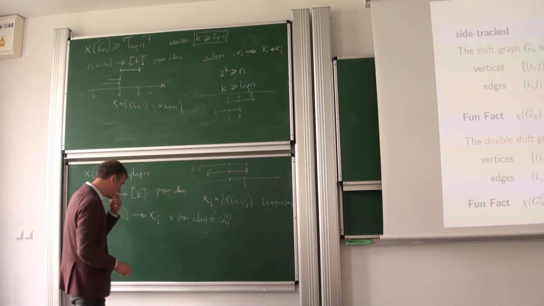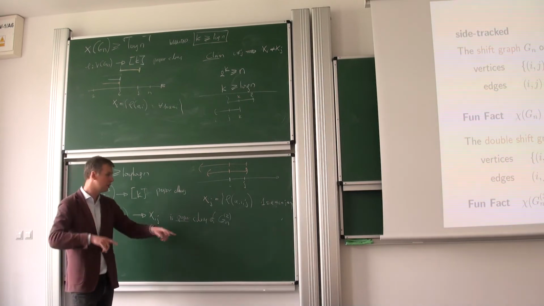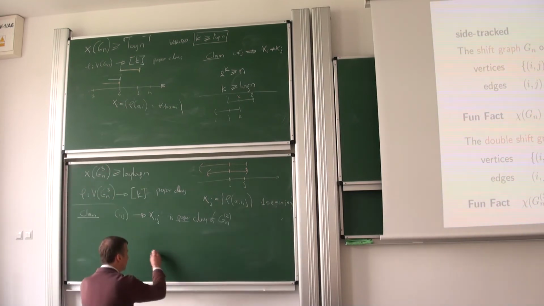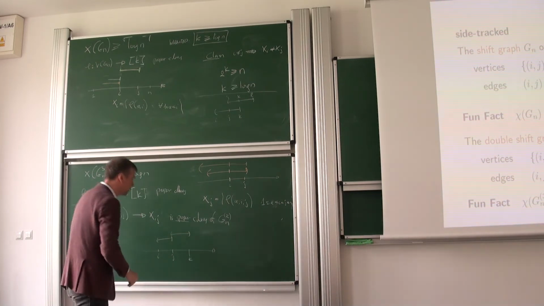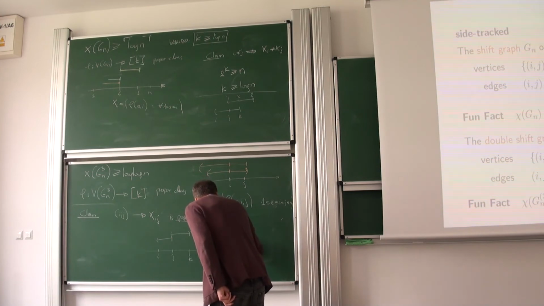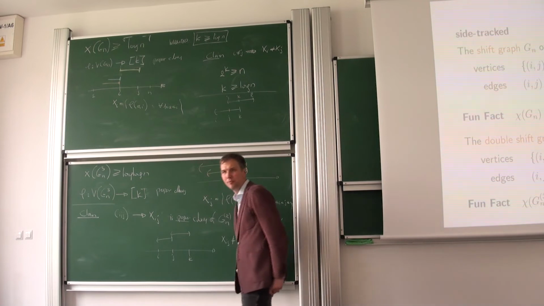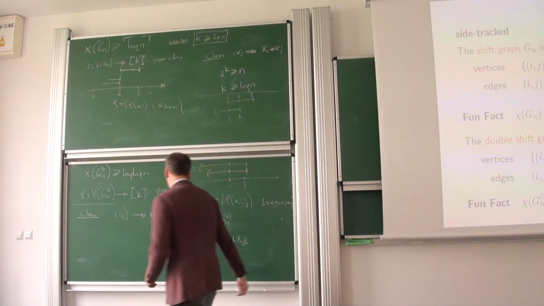So in order to see that it's proper, I need to consider 2 adjacent vertices in Gn2. This is ij, and jk. Yeah, that's one vertex, and that's the other vertex, and they are adjacent. So now we claim that xij has to be different than xjk. And it is.